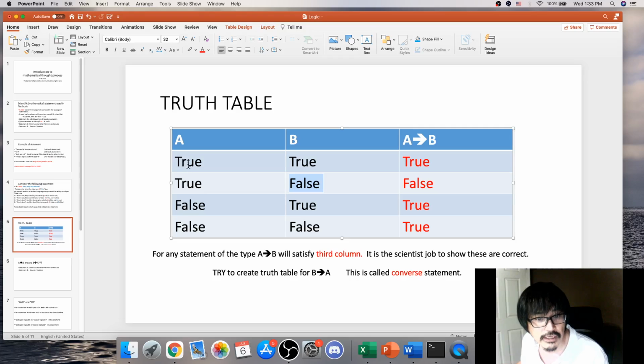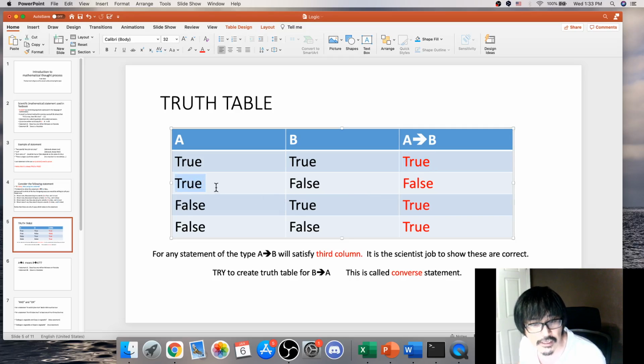So there are 4 combinations: A is true, B is true or false; A is false, B is true or false. So let's think about A implies B. If A is true, B has to be true. In this particular case, the true and true combination, A is true, B is true, A implies B is a true statement.